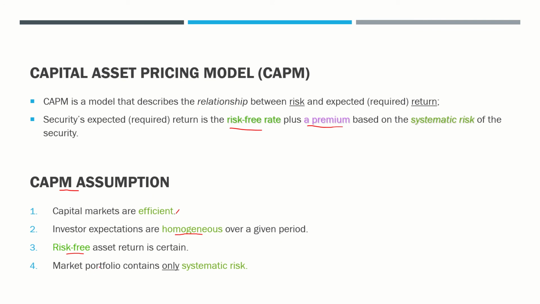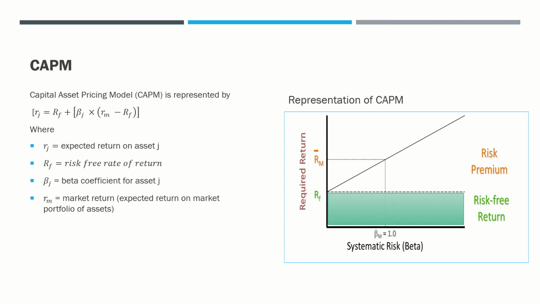Dan yang keempat, market portfolio contains only systematic risk. Jadi dekat sini dia assume that unsystematic risk is equal to zero. Okay, jadi market portfolio contains only systematic risk sajalah. Untuk CAPM ni awak hanya perlu faham apa dia konsep dia lah.